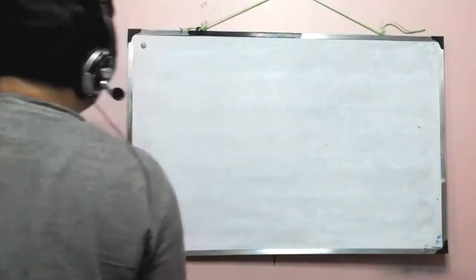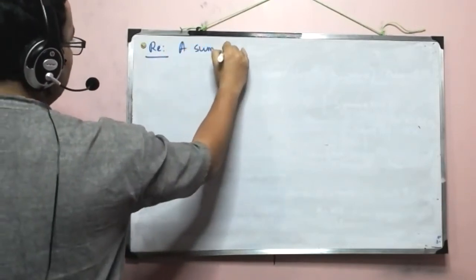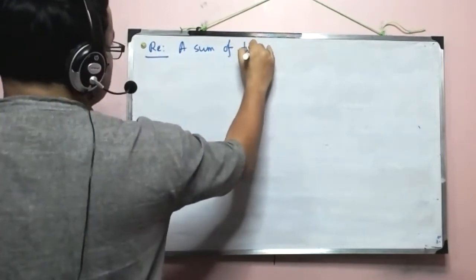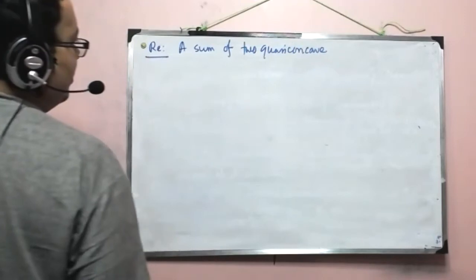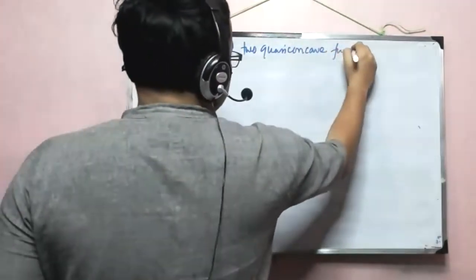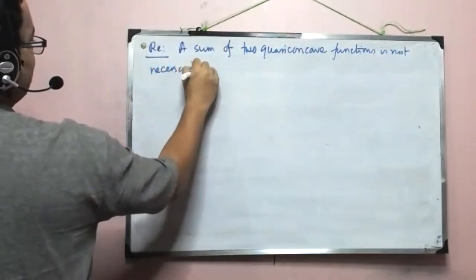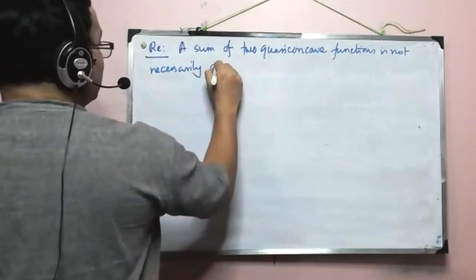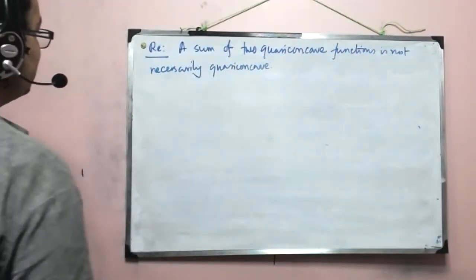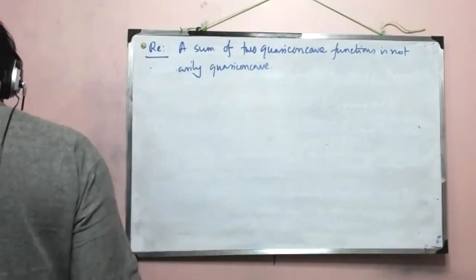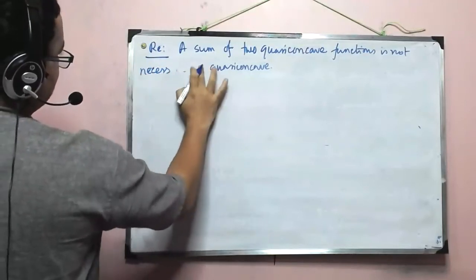But just before going into that, I'm going to write a very important result: a sum of two quasi-concave functions, and by that we mean a sum of any number of quasi-concave functions, is not necessarily quasi-concave.